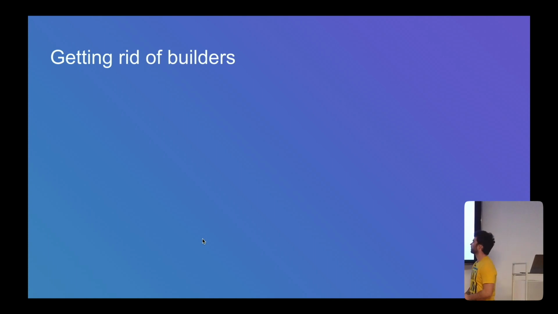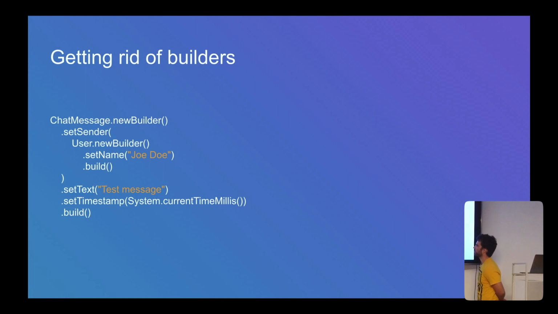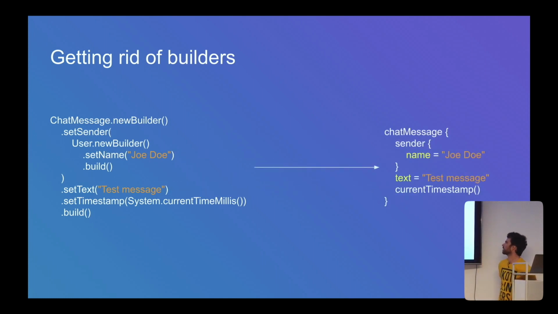So, how can you make it more Kotlin friendly? Well, if someone used it, then you have already met the endless builders, which, in my opinion, are a bit ugly. But we can create our own DSL to make it a bit more readable.